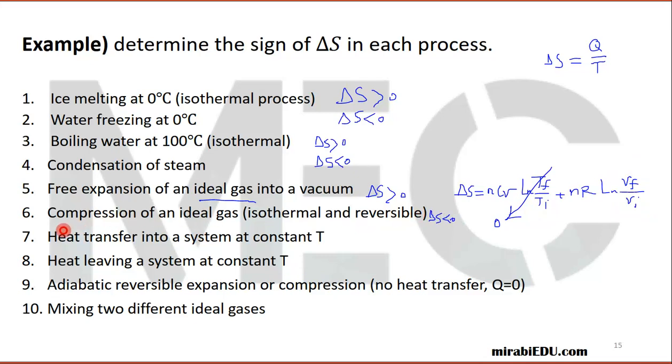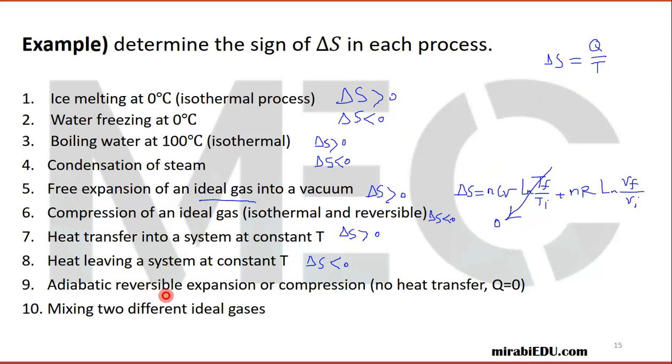Number 7, heat transfer into a system at constant T. At constant T, this formula applies. So heat transfer into a system, therefore delta S is positive. Heat leaving a system at constant T. Here Q is negative, therefore delta S is negative. And of course temperature is constant, so we can apply this formula.